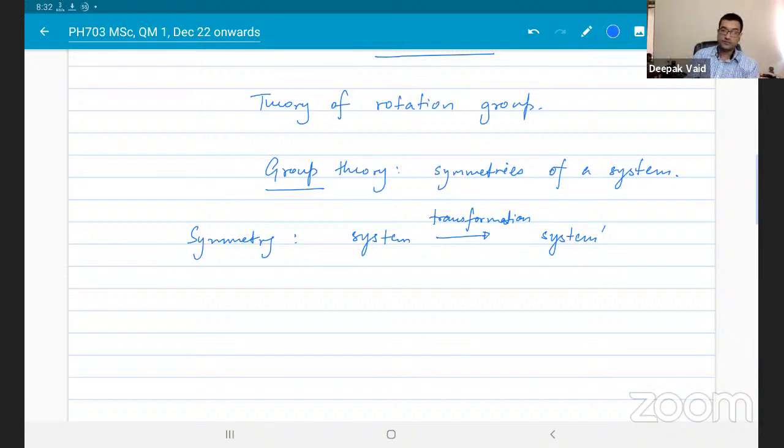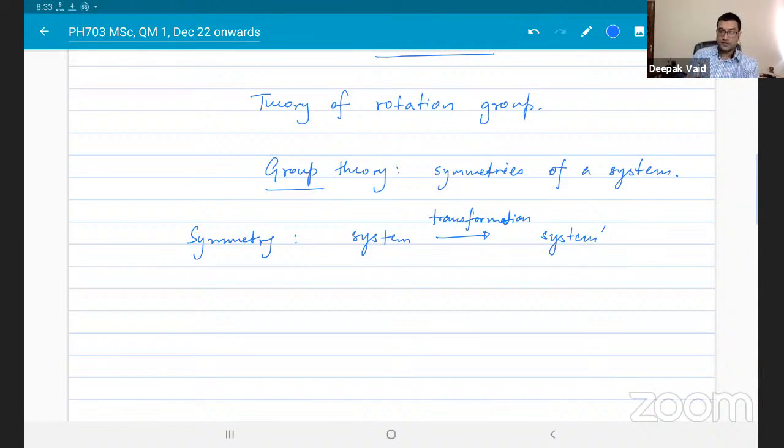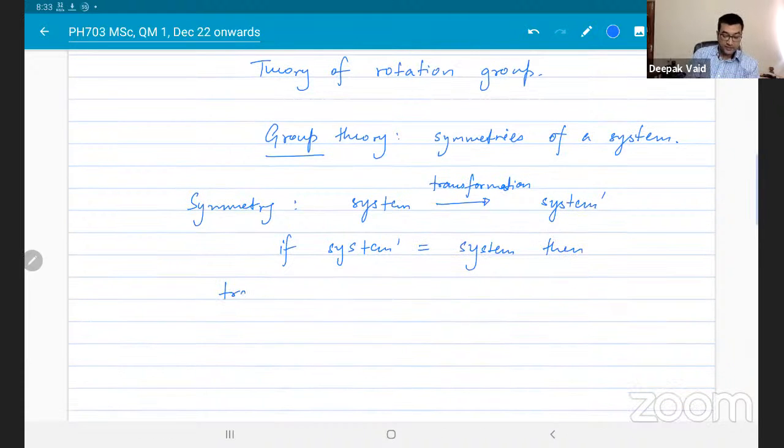So I put it system prime. The reason I'm referring to the system and not the state is because this transformation acts on all the states of the system. So if the system remains unchanged under the transformation, then we call this transformation a symmetry.